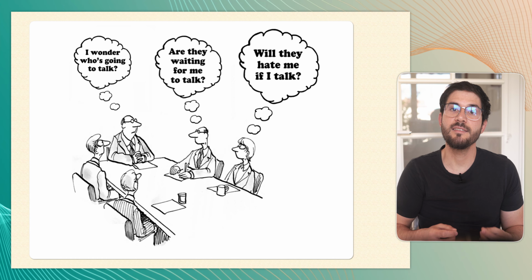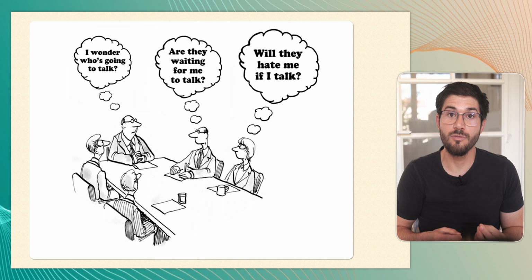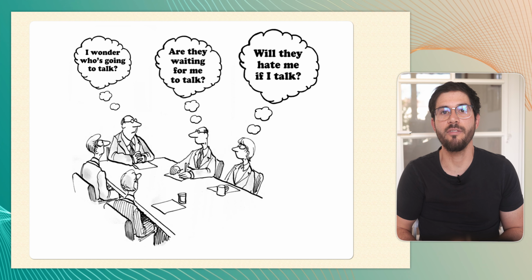And they do this simply because no one wants to rock the boat. We go along with the majority even when our gut tells us something is off, because disagreeing feels uncomfortable, especially when we are in public.